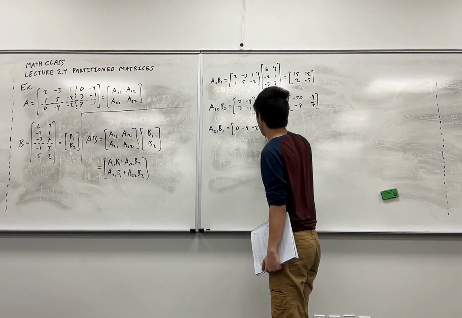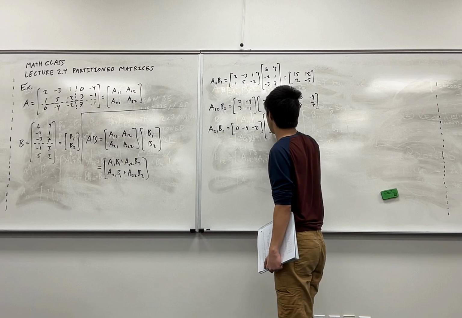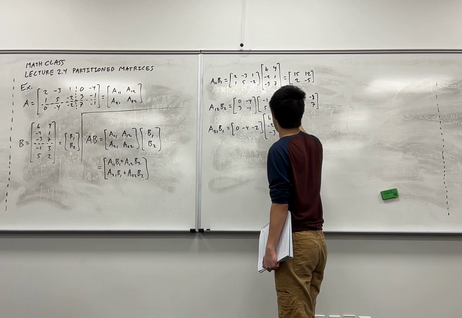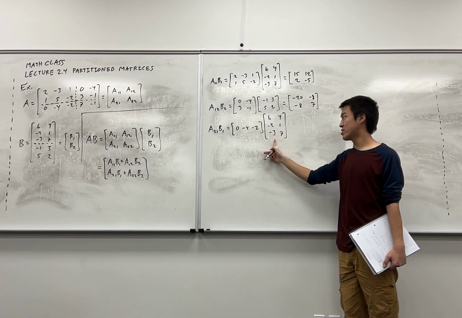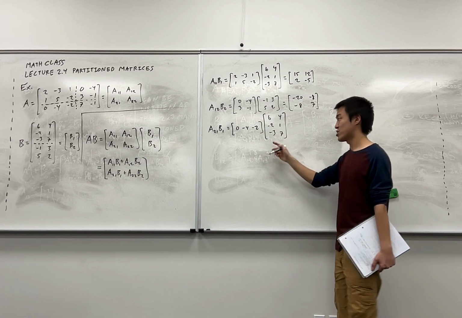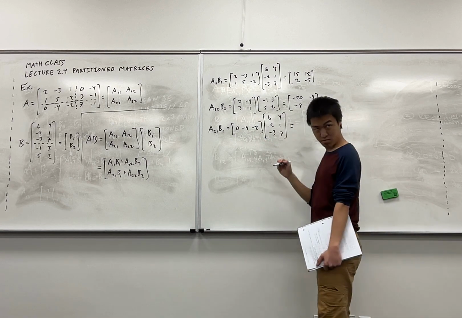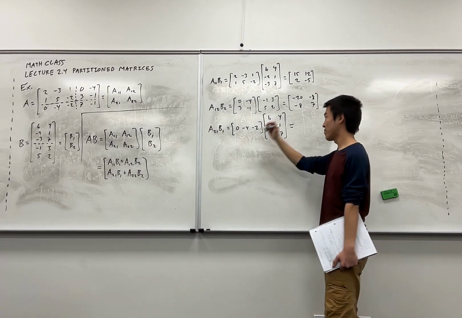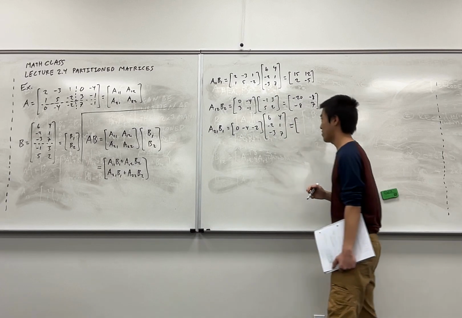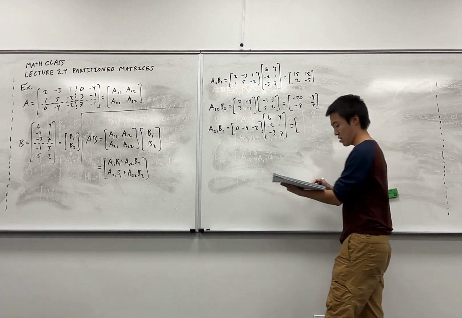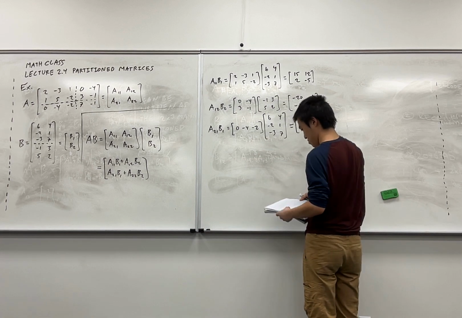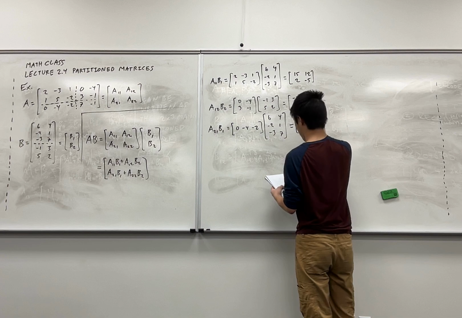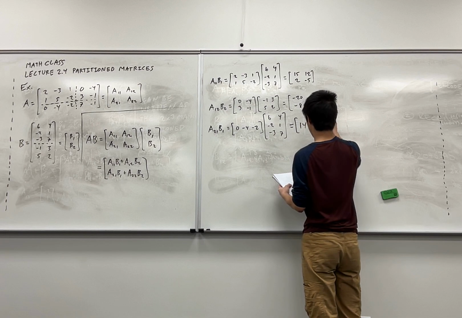Yeah, the tall one. 3, 4. Dimensions? 1 by 3 and 3 by 2. So output is 1 by 2, yeah. Okay, and then that'll be 14, -18.